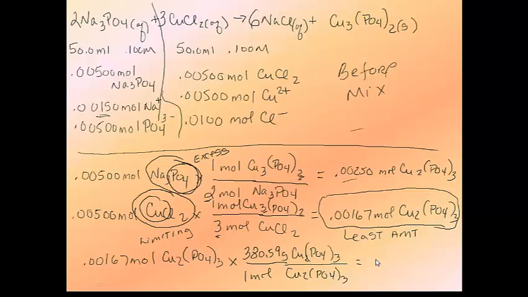And you get a theoretical yield of 0.636 grams of the precipitate, which is copper 2 phosphate. That is theoretical yield, and that is the mass of precipitate.